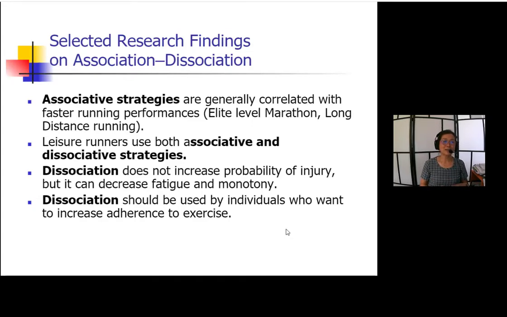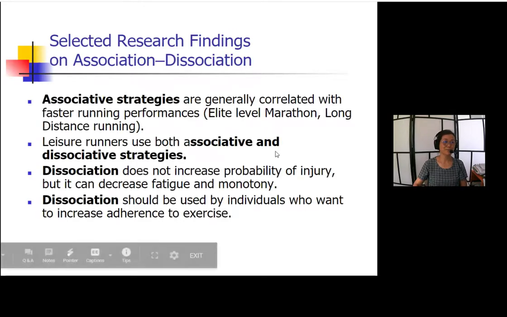Utilizing dissociation strategies does not increase the probability of injury, and it could decrease fatigue and boredom. They also said that if we want to increase exercise adherence, sticking to their exercise, running, or whatever they're doing, dissociation can be a better strategy.